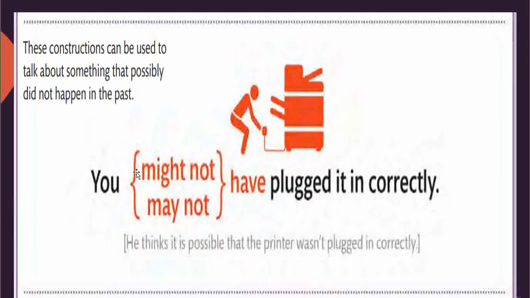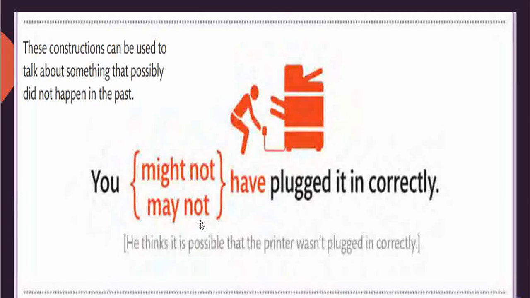So, a construction about a future or past possibility is that you did not have it plugged correctly. Now, I cannot use the words did not because I'm talking about the possibilities. The words did not will not show possibility. You might not have plugged it in correctly, or you may not have plugged it in correctly.